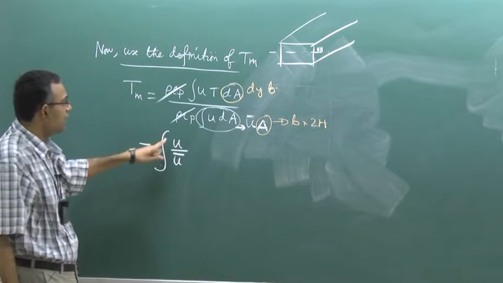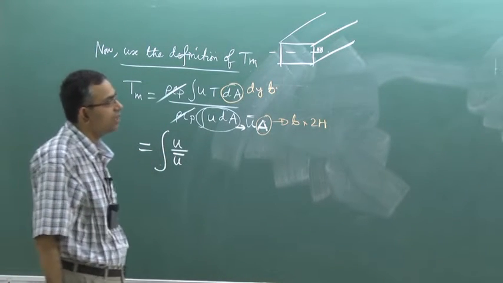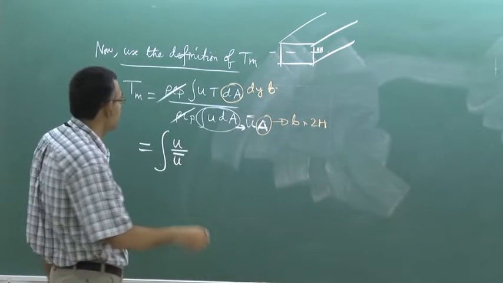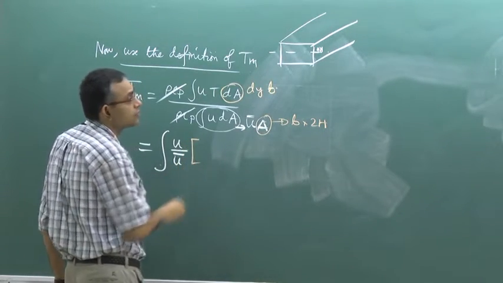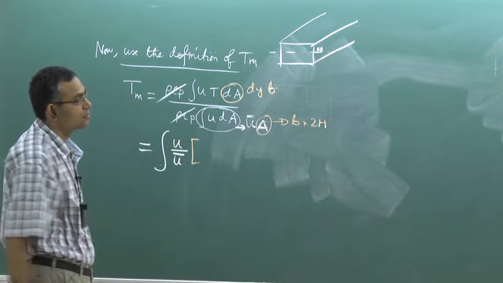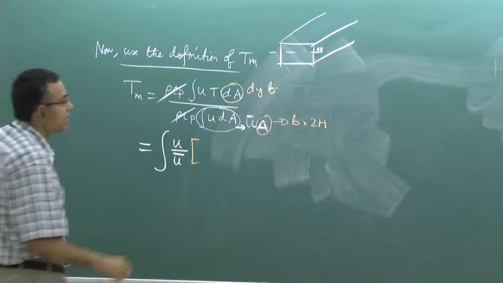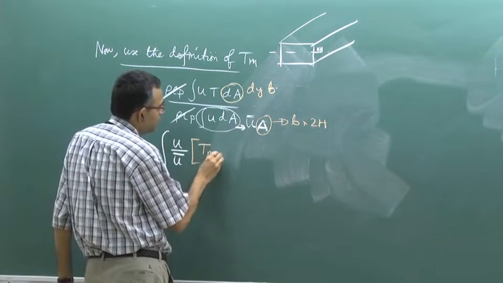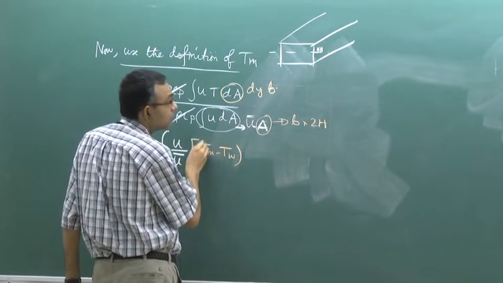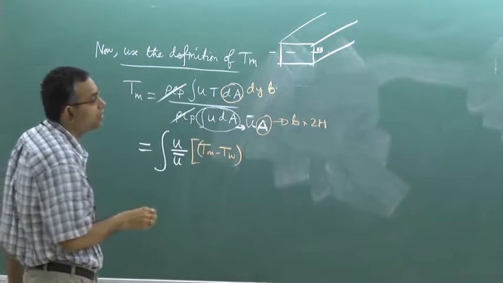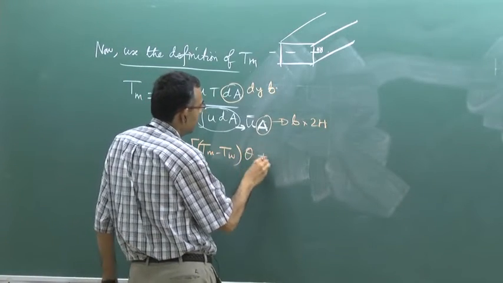So integral u by u average, in place of T you can write Tm minus Twall into theta plus Twall.